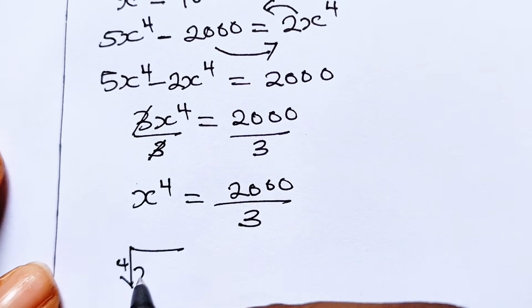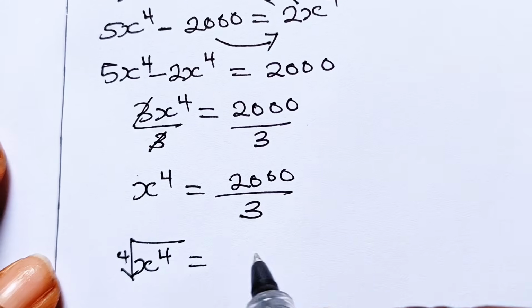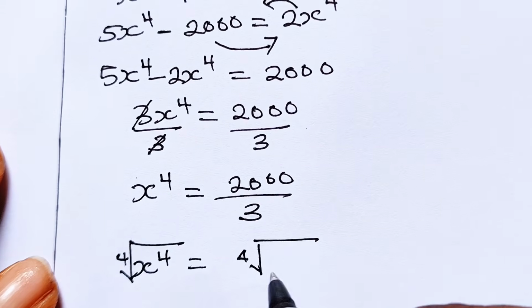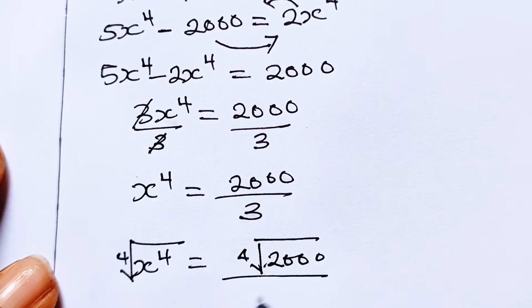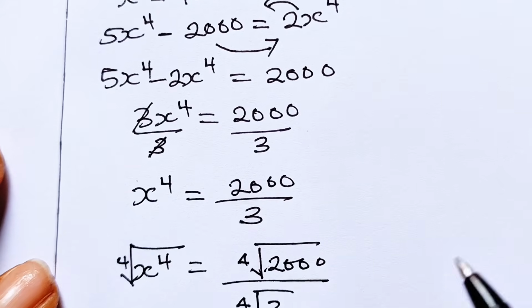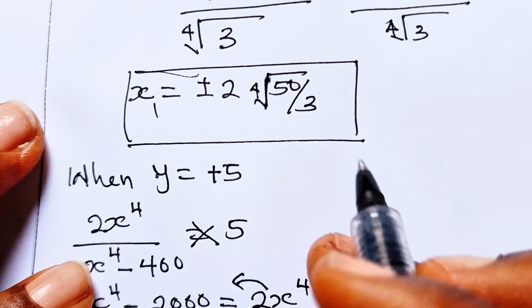Now let's take fourth root of both sides. So we have fourth root of x to the power of 4 is equal to fourth root of 2000 divided by fourth root of 3.